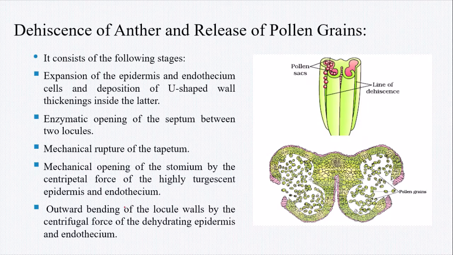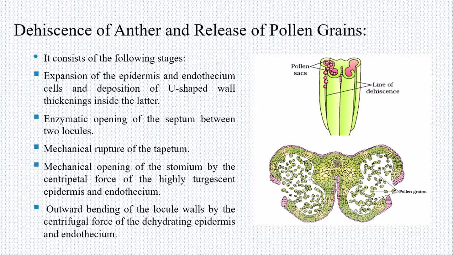When the experiment was done, a sequence of the anther opening mechanism was outlined, containing the following stages. First, expansion of epidermis and endothelial cells, and deposition of U-shaped wall thickening inside the latter.